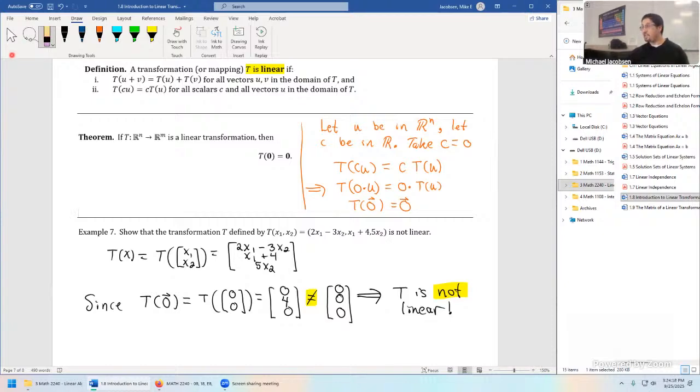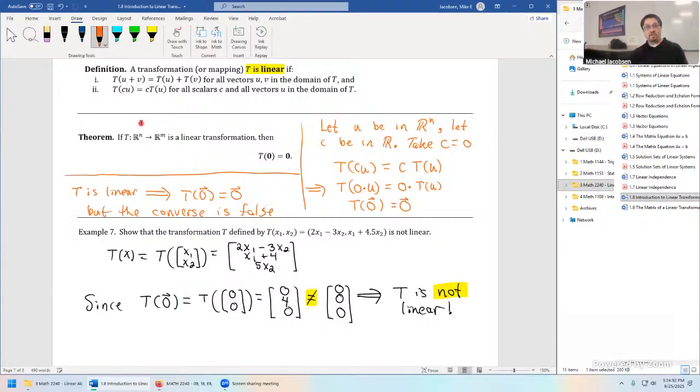This theorem can save a lot of time, but you know there's a downfall to this theorem. It can be misapplied. A way to look at this again is, you could say more briefly that T is linear implies T of 0 maps to 0, but the converse is false.